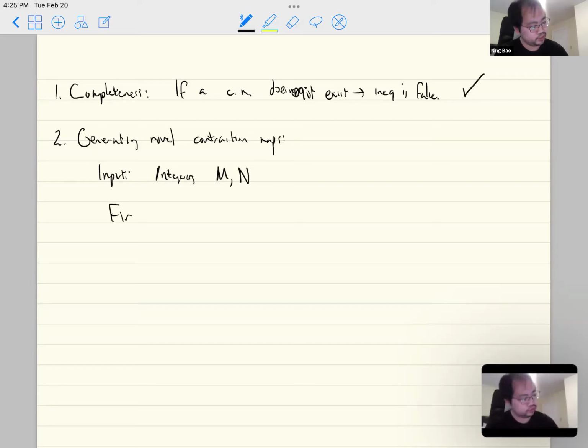Your goal is to find all contraction maps between a hypercube of dimension m and a hypercube of dimension n.